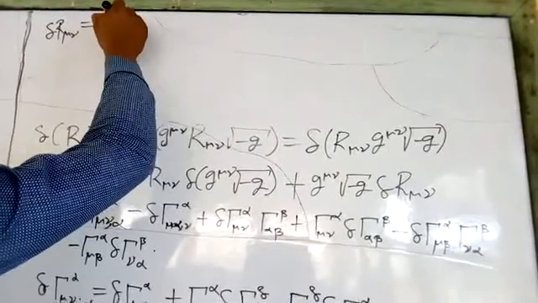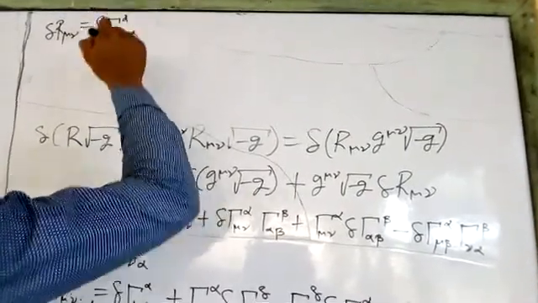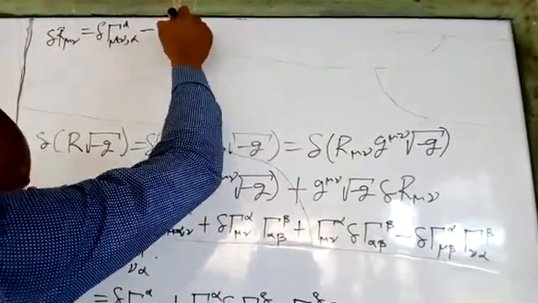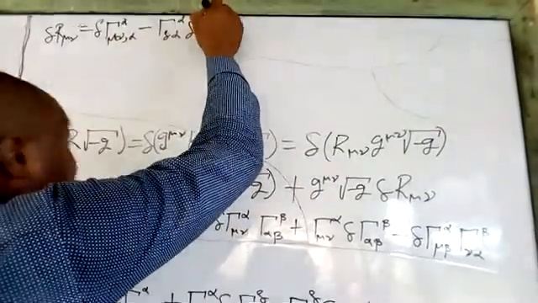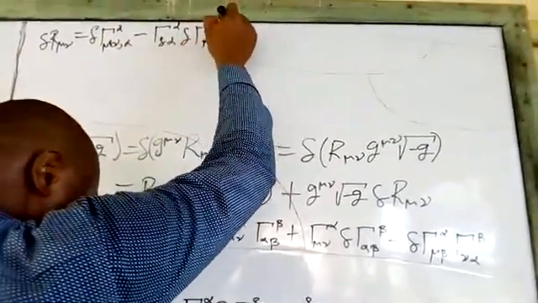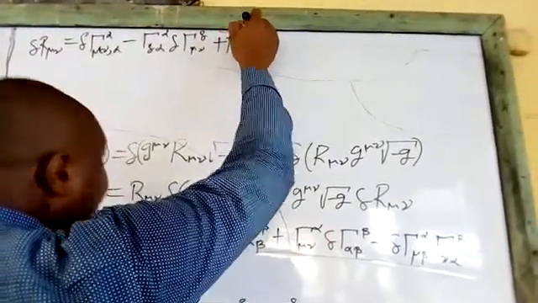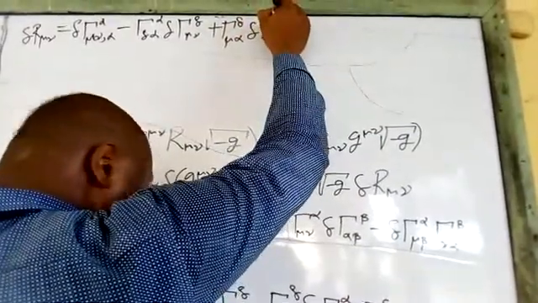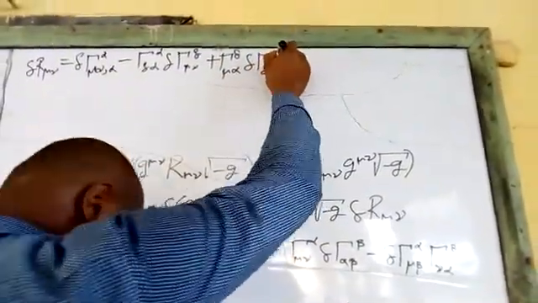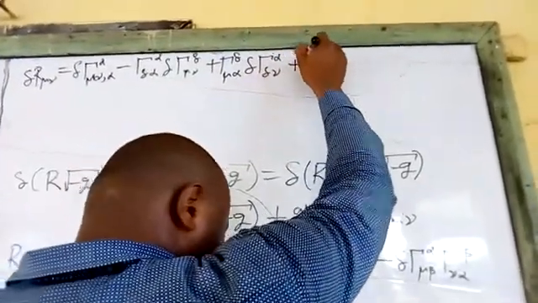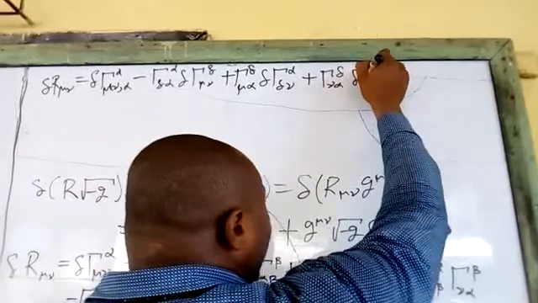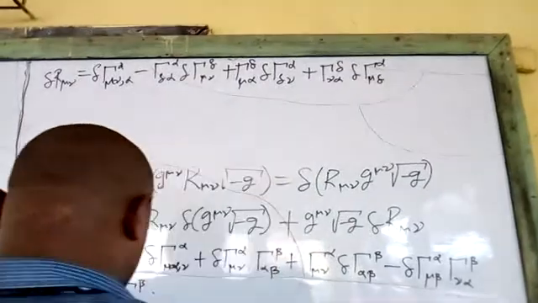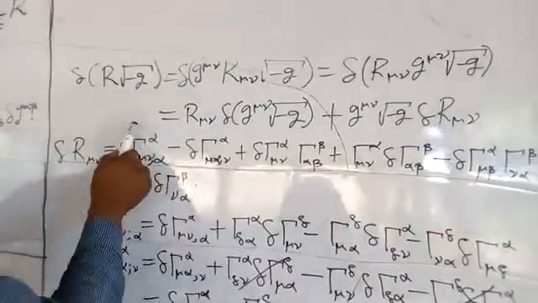This is mu nu comma alpha, minus gamma alpha delta alpha, variation of gamma delta mu nu, and then plus gamma delta mu alpha, and then I have next variation of alpha delta nu, and then I have next plus gamma delta nu alpha, and I have variation of mu delta here and alpha. And that is the first term following this expression. That is the first term here.